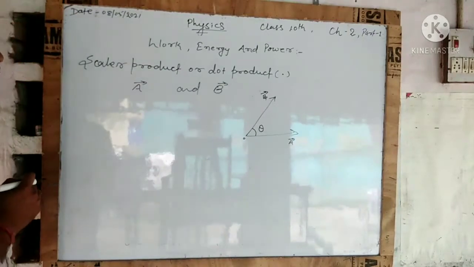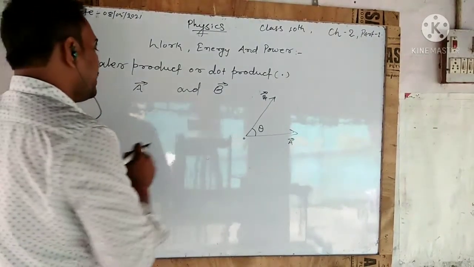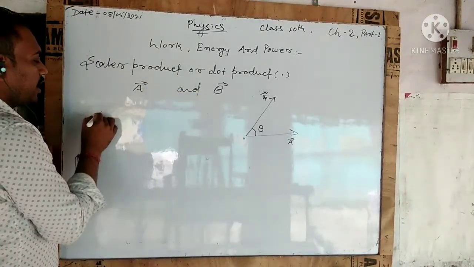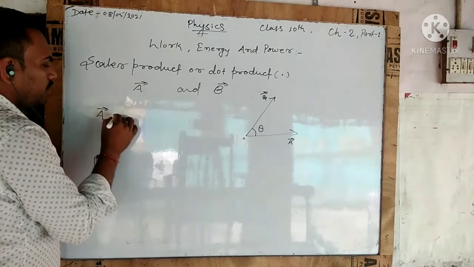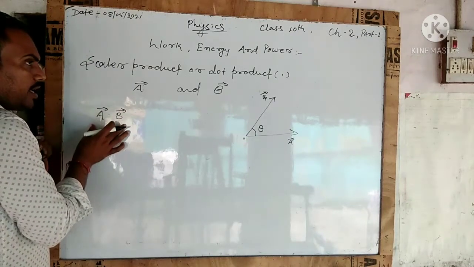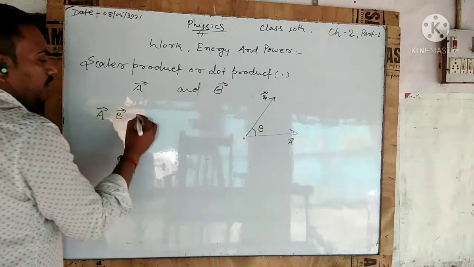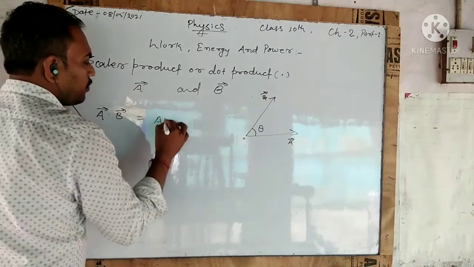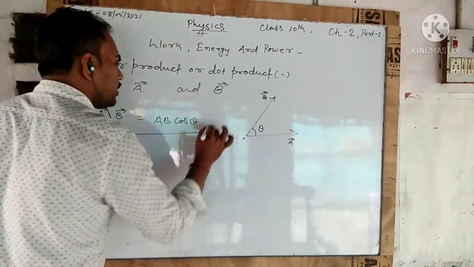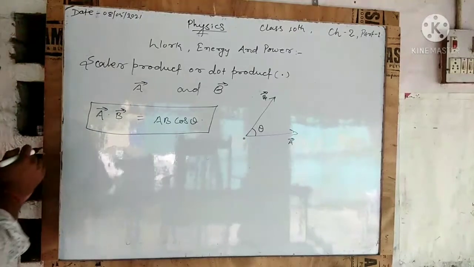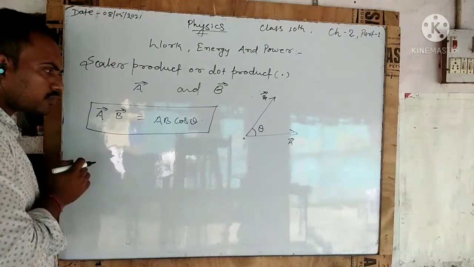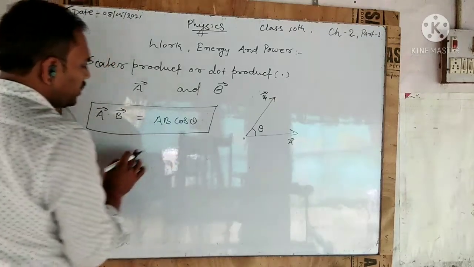So A dot B, the scalar product of vector A and vector B, is equal to AB cos theta. This is the simple formula you have to remember.